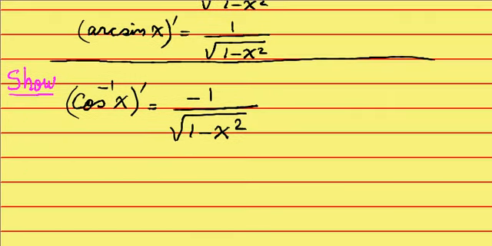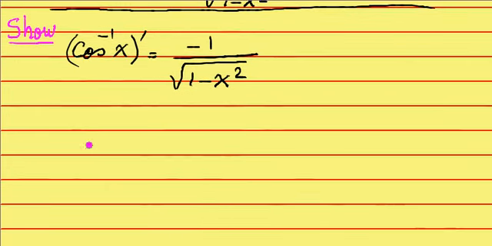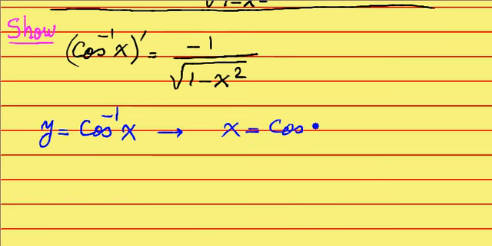You could also do this by just pure geometry. Let's go ahead and pick our function y is equal to cosine inverse of x. That's our starting point. If y is equal to cosine inverse of x, just like the case of sine, it means x is equal to cosine of y.